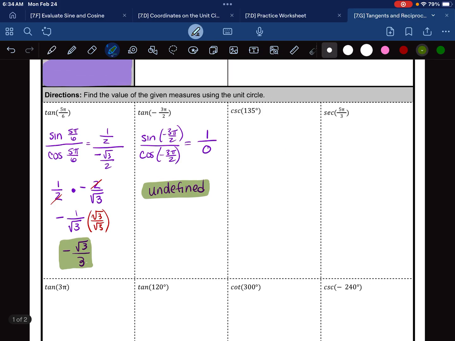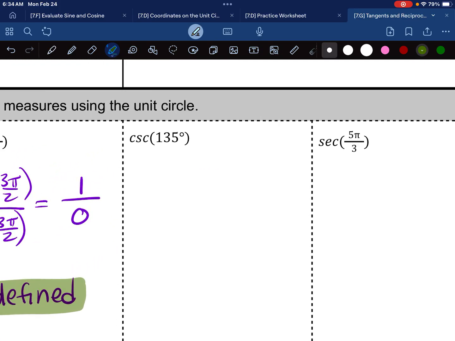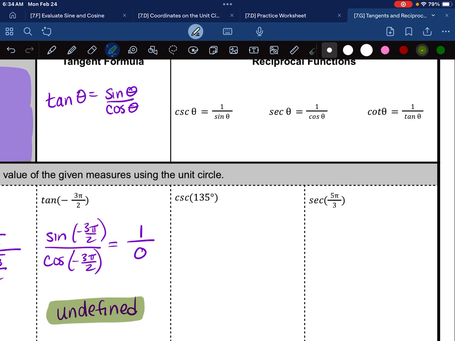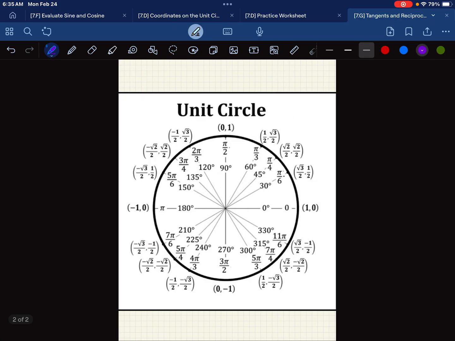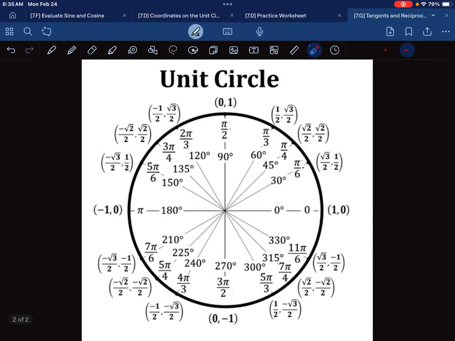Okay. So now cosecant, okay? Cosecant is related to the sine. So if I know what the sine of 135 degrees is, I can go ahead and find that reciprocal by flipping it upside down, and that'll get me my cosecant. So 135 degrees is here.